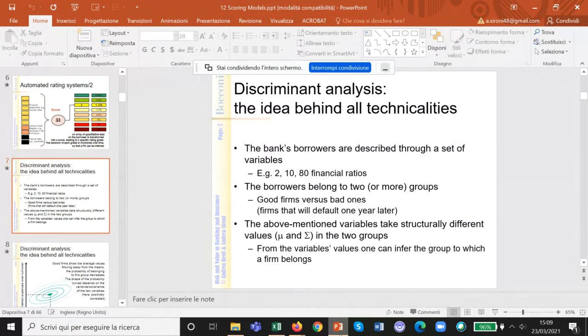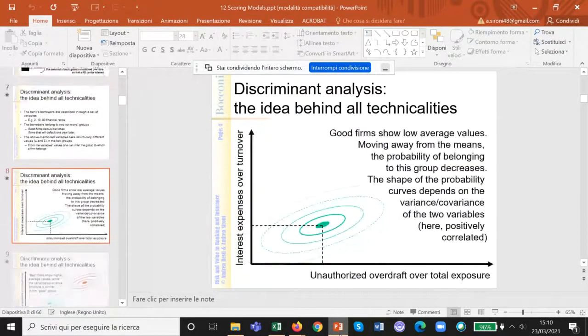Then I try to understand, through discriminant analysis, and we'll see how the technicalities work, how I can best discriminate between those two groups of borrowers. Clearly, the idea is that the two groups have values of those variables that are structurally different between the two groups.